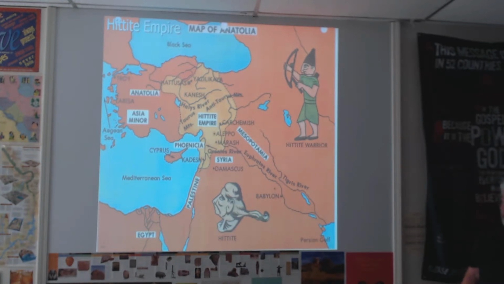What they found was, as archaeologists were digging in this area, I think it was the late 19th, early 20th century, they found a civilization that they did not know was there, and it was the Hittites, and found that they were a very, very strong civilization and kingdom, and the fact that they hadn't heard of them before didn't mean they didn't exist. They did. And so the Hittites had a great influence upon that part of the world.